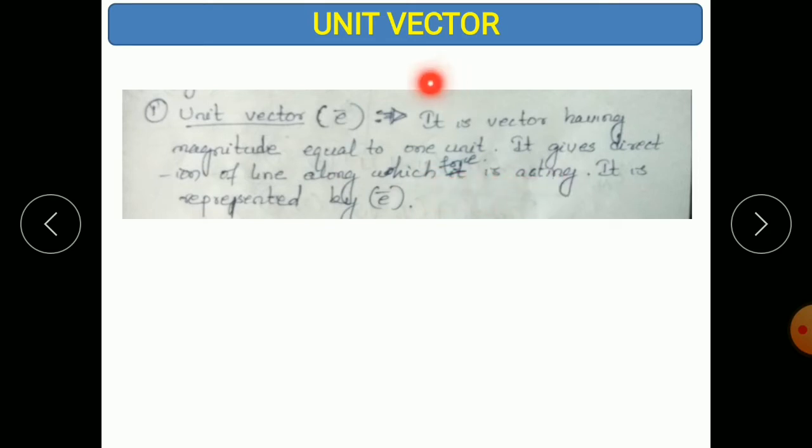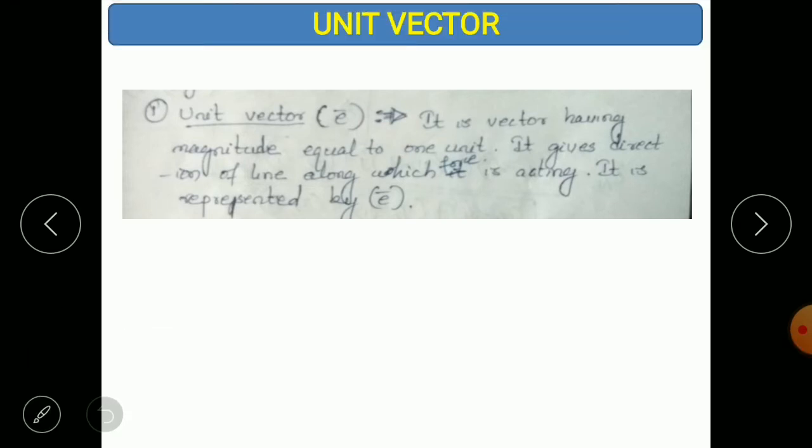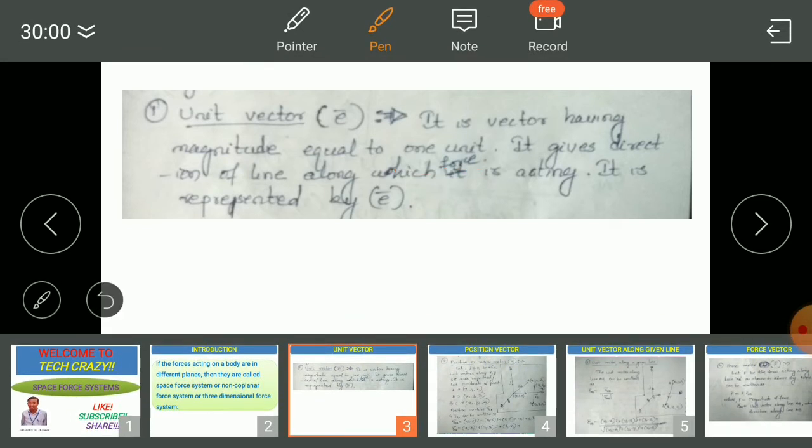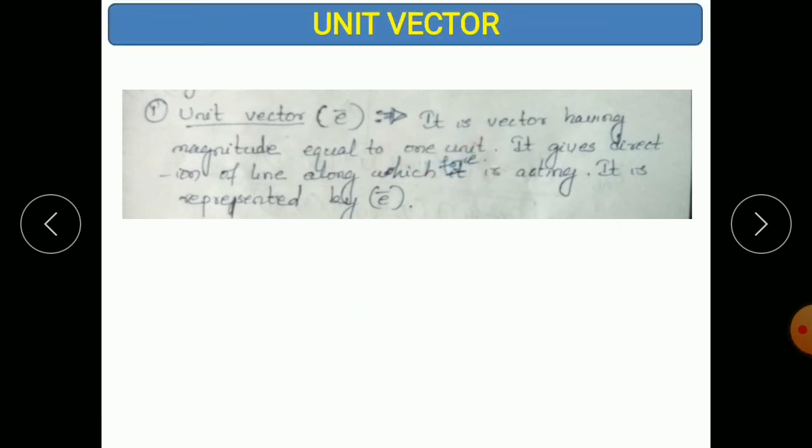You need to keep in mind that its magnitude is 1 unit. So it gives the direction of force, and it is represented by e bar.